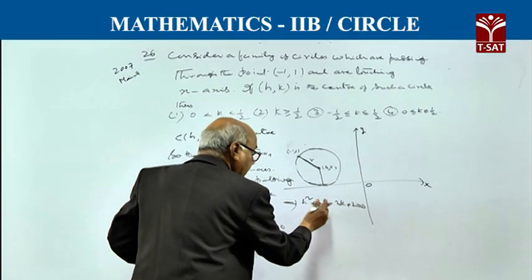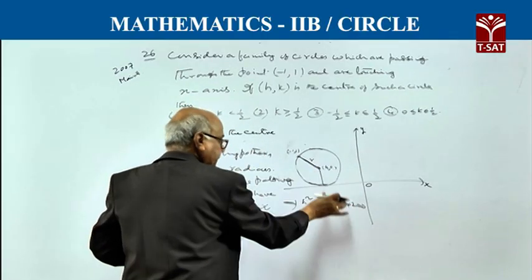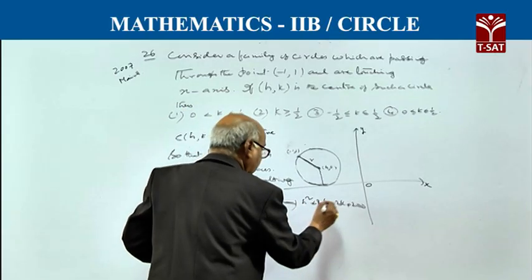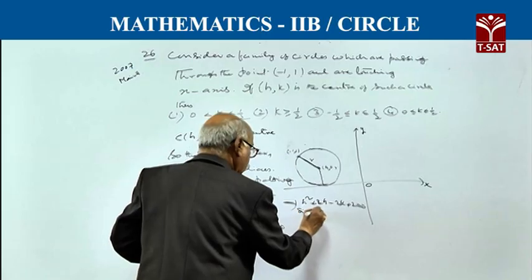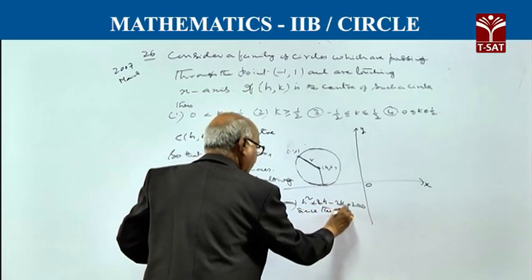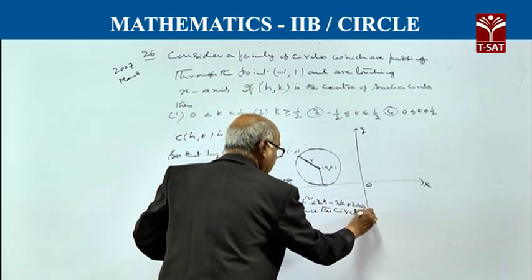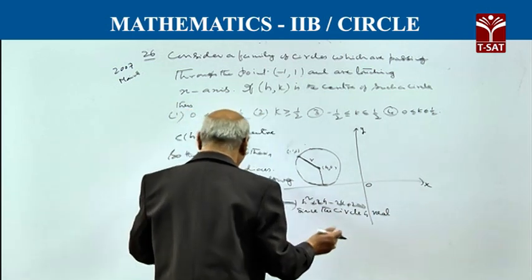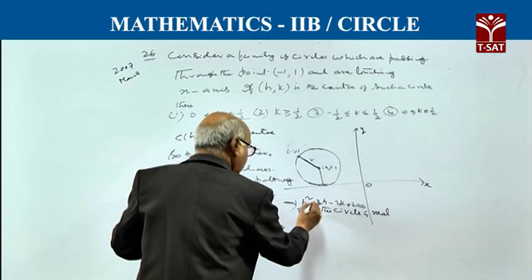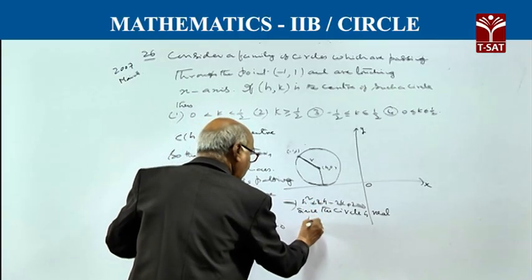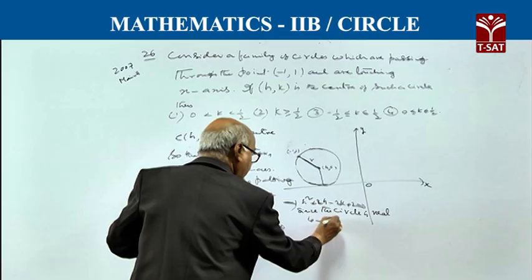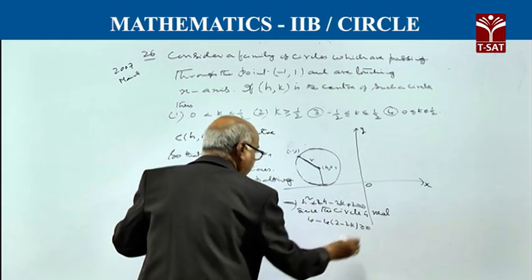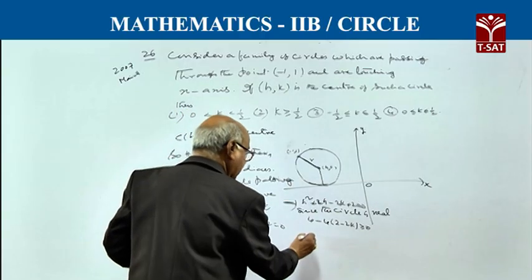because the circle is a real circle, this quadratic must have real roots. That is, since the circle is real, we have 4 minus 4 into (2 minus 2k) is greater than or equal to 0. 4 you can cancel.